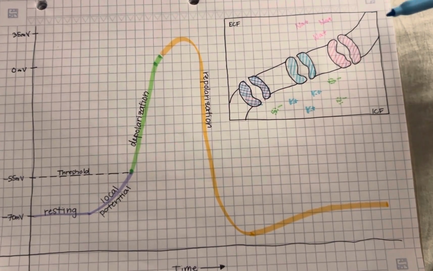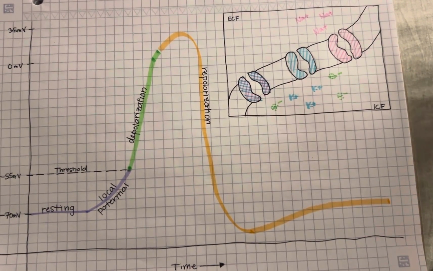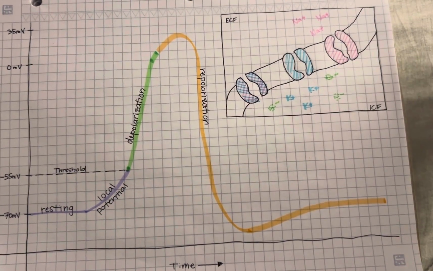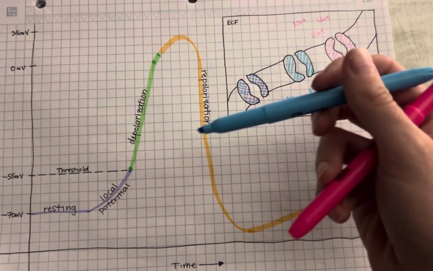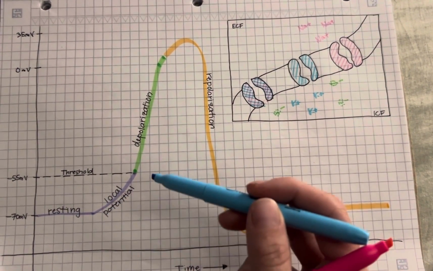Now, when a stimulus, which is anything that can change the resting potential, allowing sodium to enter, if it is strong enough, it'll cause an action potential. However, you'll see here a local potential.